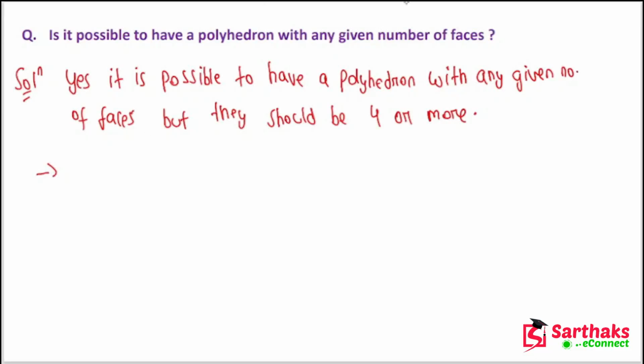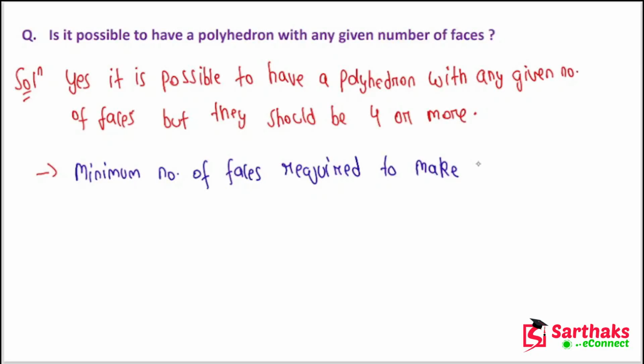And you should always add one more line over here, which says: minimum number of faces required to make a polyhedron is 4.